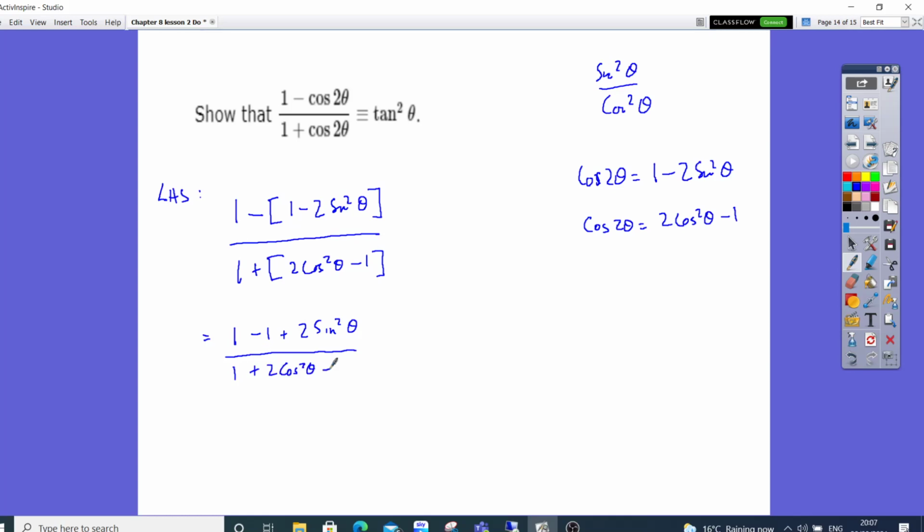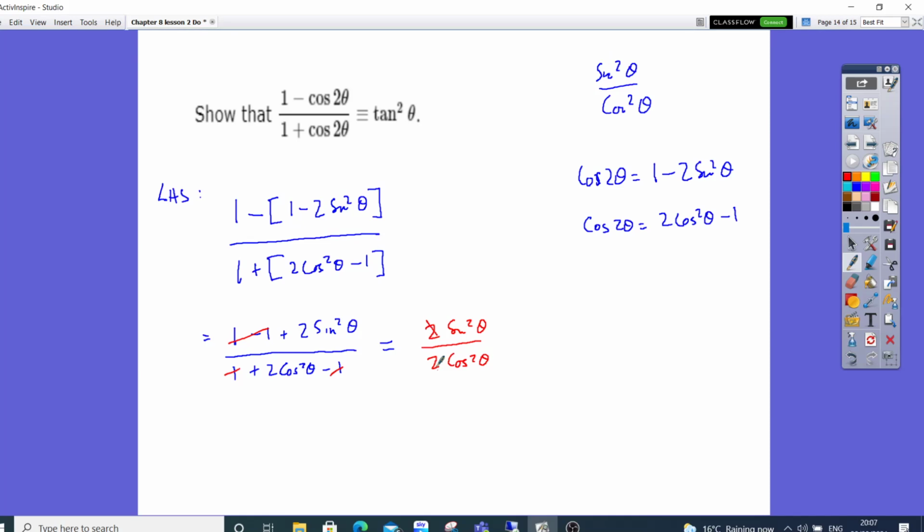Okay, let's neaten this up. What happens here is 1 minus 1, they cancel, and I've got 1 minus 1, so that's cancelled with that. So I'm left with 2 sine squared theta over 2 cos squared theta, and now I can easily cancel these two, because 2 divided by 2 is 1.